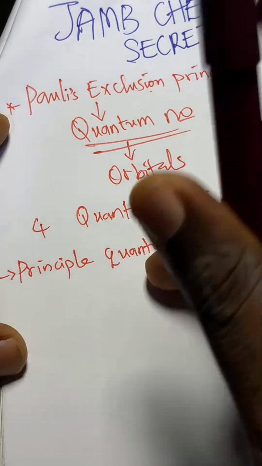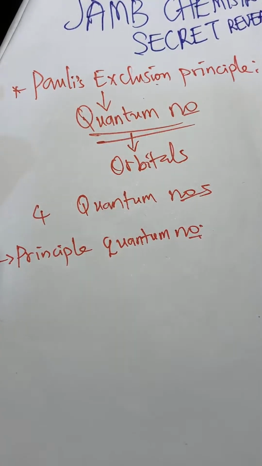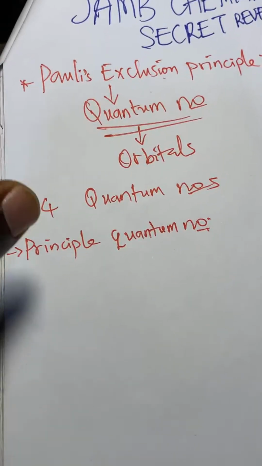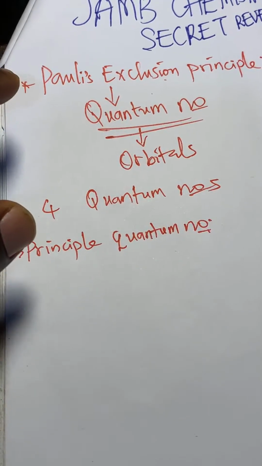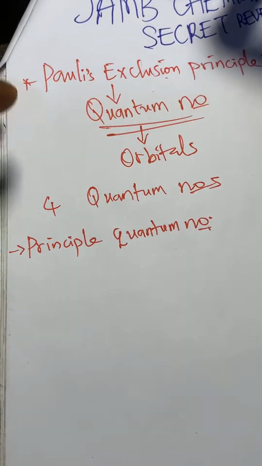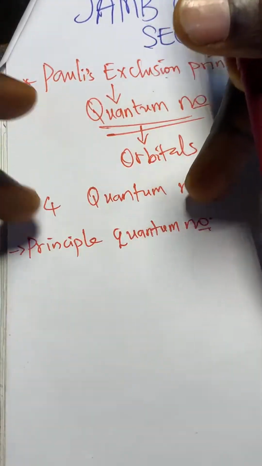Now, what is the work of this principal quantum number? You need to understand that the principal quantum number determines what we call the size and energy levels of an orbital.